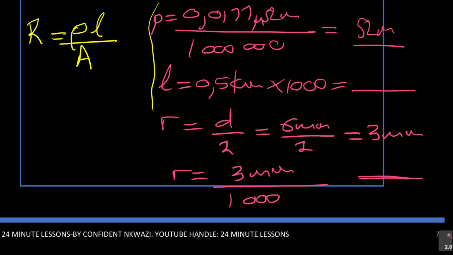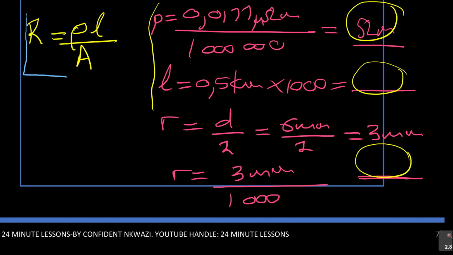So when you take the answer that you get here, and the answer that you get here, and the answer that you get here, you can now plug it into your formula for resistance. Oh, no, stop it. You know what I did wrong, right? The part here is not done.